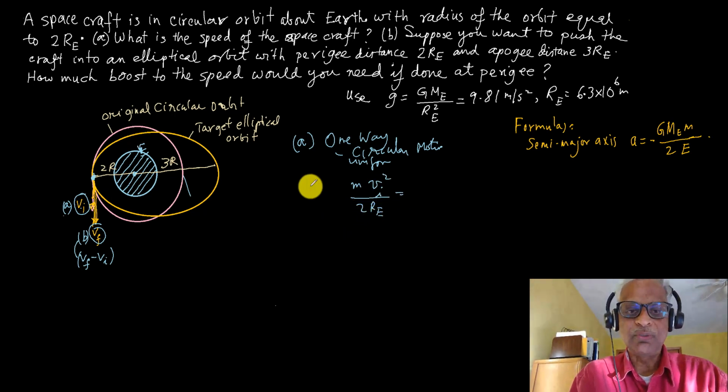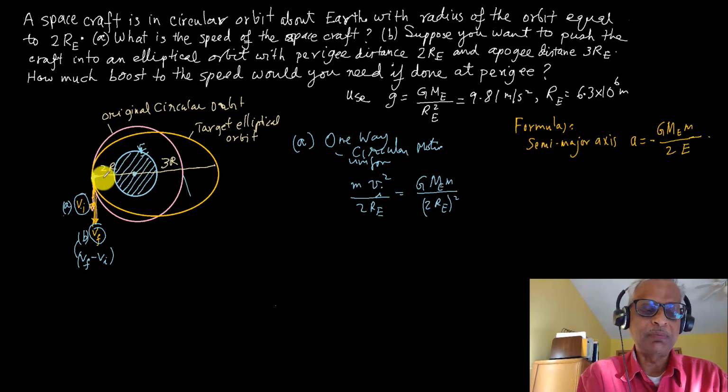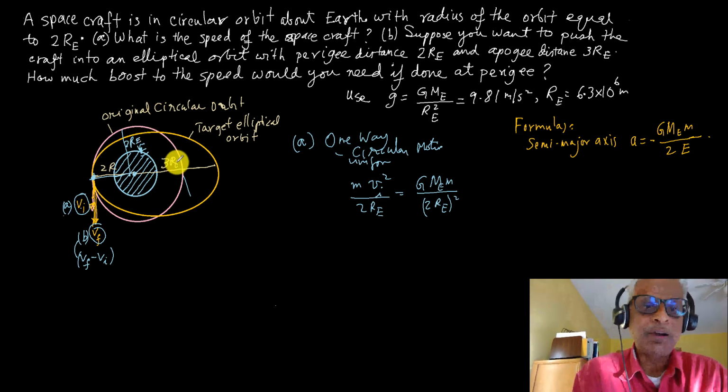That's equal to the force on it, which is G M, the mass of the Earth, m over 2re squared. That's the distance from the center of the Earth to the orbit. These are all REs, the radius of the Earth.